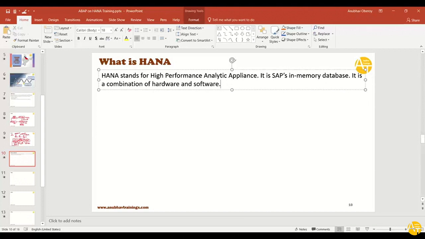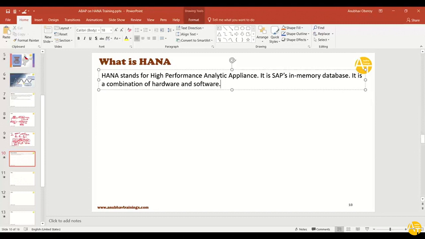This specialized hardware has to be purchased only from SAP certified vendors, which are right now three in the market: Dell, Lenovo, and HP. Only the hardware provided by these certified vendors can be used to run HANA on. Unlike an Oracle database, we cannot run HANA on our personal computer for productive use. This is why HANA is called an appliance.